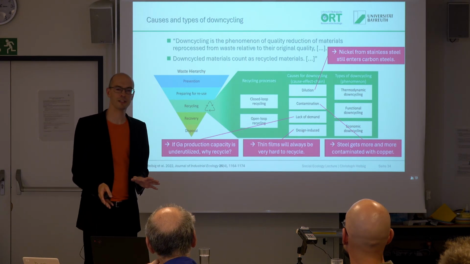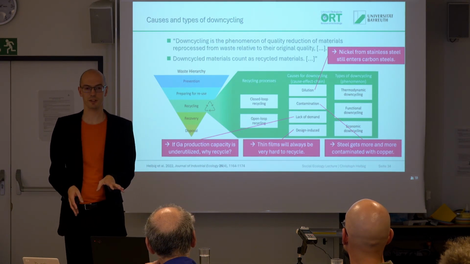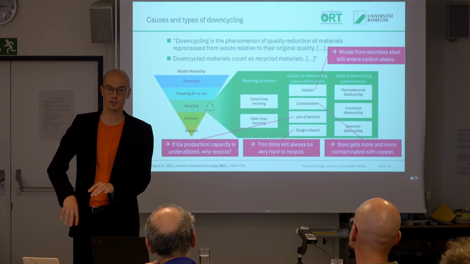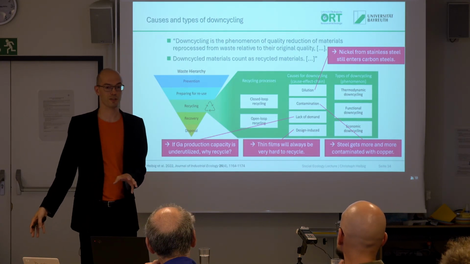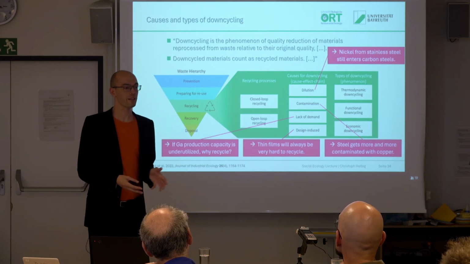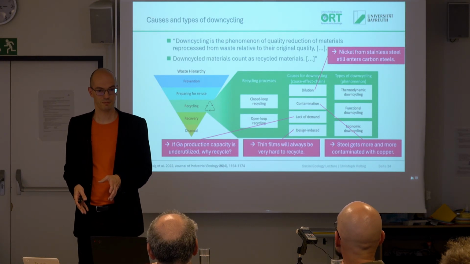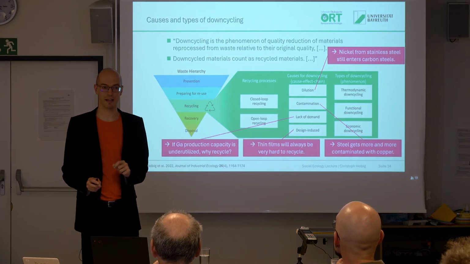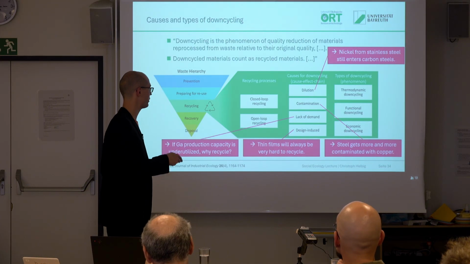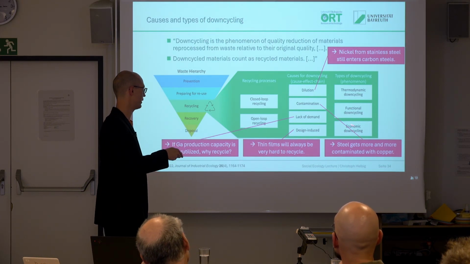But it's not a contaminant, so it doesn't deteriorate the material quality, so we will accept that. And obviously, because this carbon steel production is so much larger than the stainless steel production, it doesn't matter that much metallurgically. But it matters circularity-wise. It matters for the nickel steel cycle.